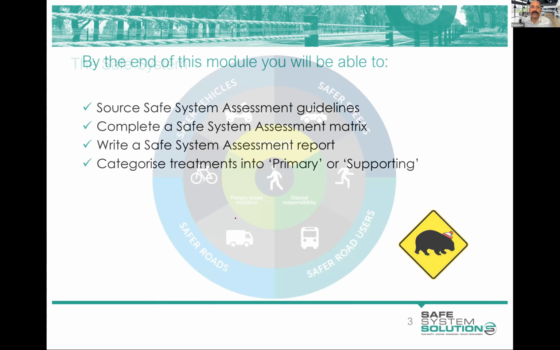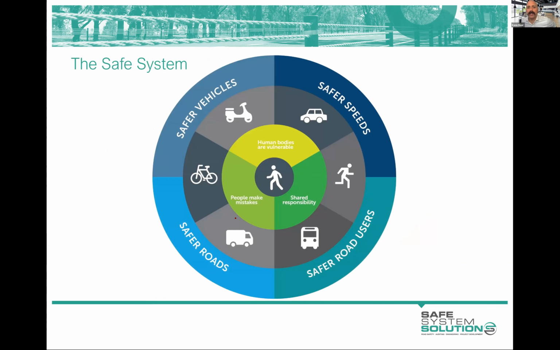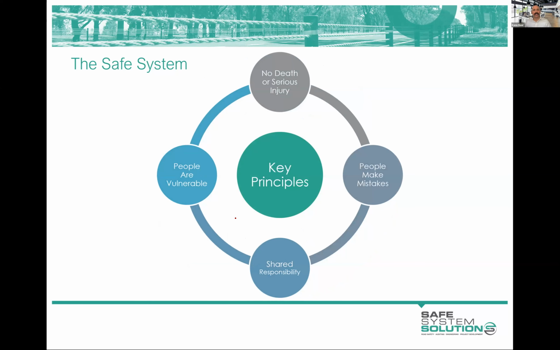So we've done well. We've covered off the safe system. We've looked at the principles of the safe system. We've looked at the elements. These are all related in one way or another to a safe system assessment. So we're really utilizing the assessment framework to look at the project through a lens of these principles.